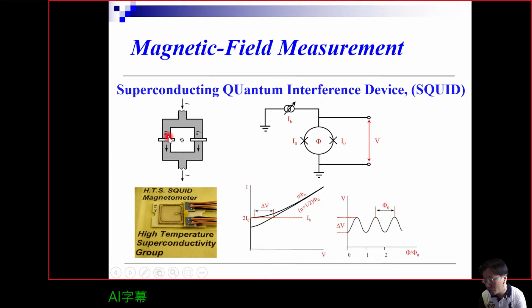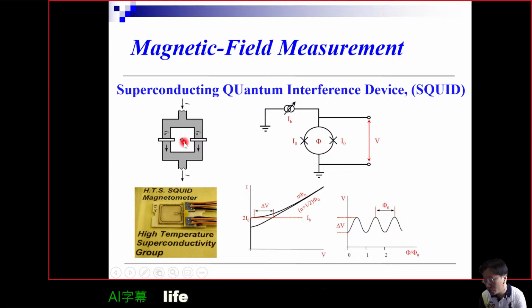For example, you can imagine that when I inject the current here, there's a 50% possibility it goes through this route, and another 50% goes through here. So they are equal possibilities to go to these two routes, right?